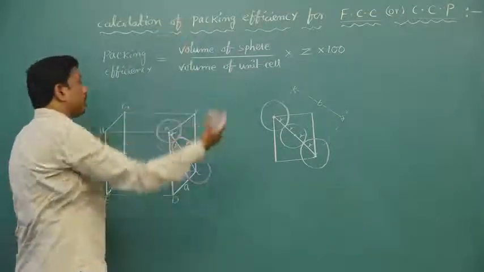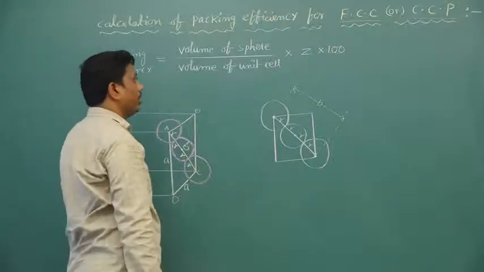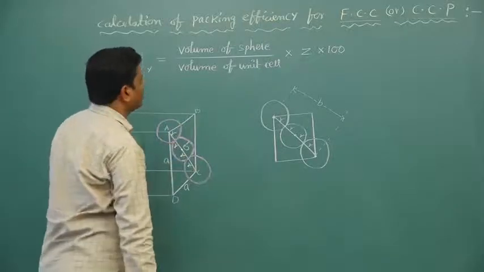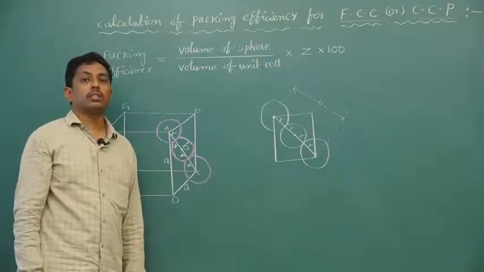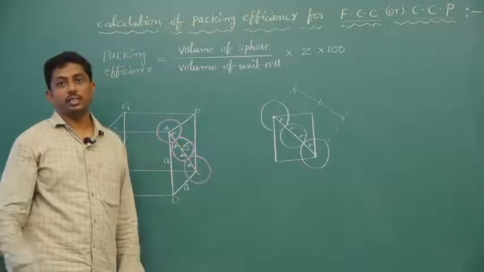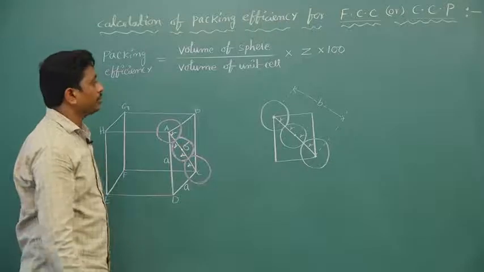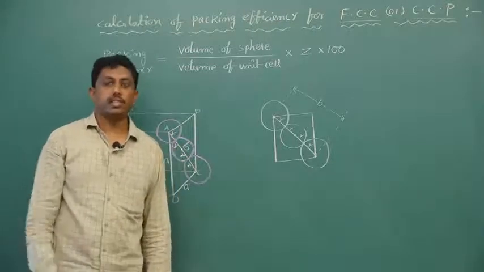So, packing efficiency formula, as we know, is volume of sphere by volume of unit cell into Z into 100. So, this is the diagram. Diagrams are compulsory and it should be perfect, otherwise you may lose marks, they will not consider this derivation as correct.